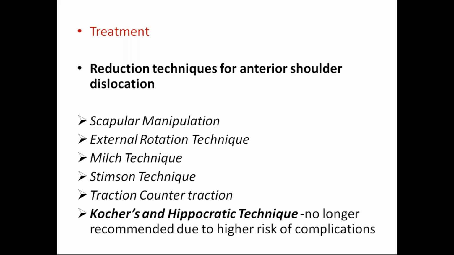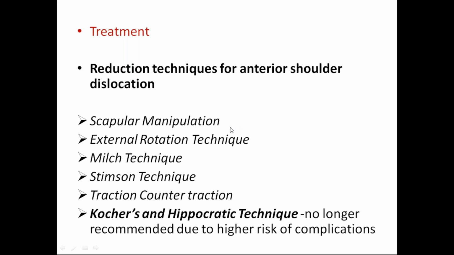So several reduction techniques are available for anterior dislocation. Mainly we can use the Milch technique and axial rotation technique. So these are the reduction techniques for anterior shoulder dislocations. One is scapular manipulation. Here in this scapular manipulation, the patient is in a supine position or in prone position.